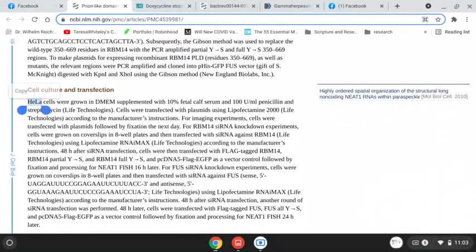HeLa cells were grown in fetal calf serum, penicillin, and streptomycin. They were transfected with plasmids using Lipofectamine 2000 from Life Technologies, according to the manufacturer's instructions. For imaging experiments, cells were transfected with plasmids followed by fixation the next day.